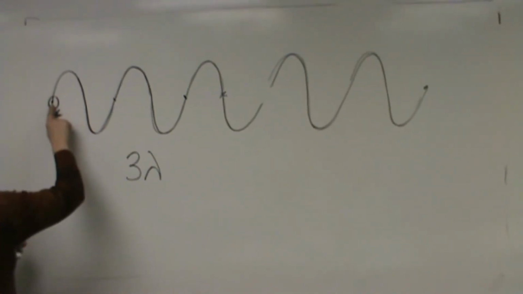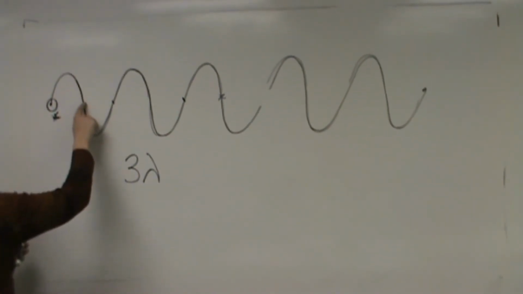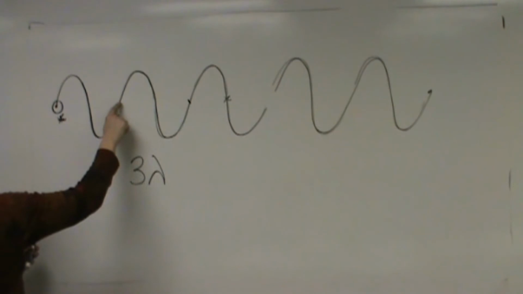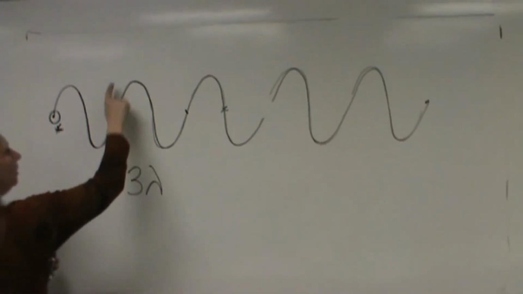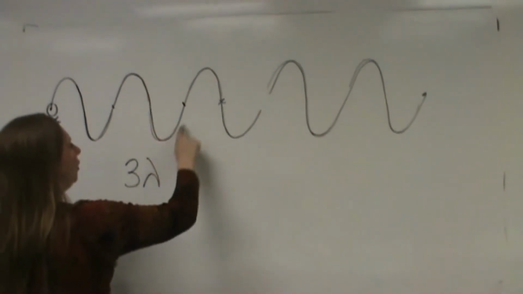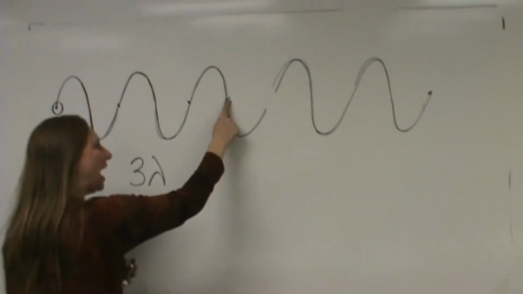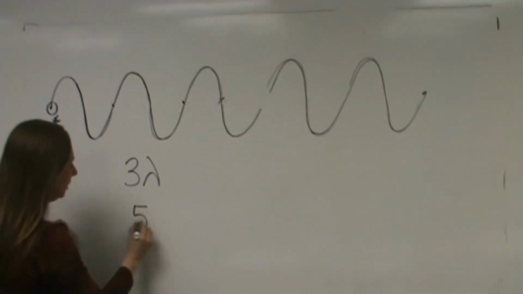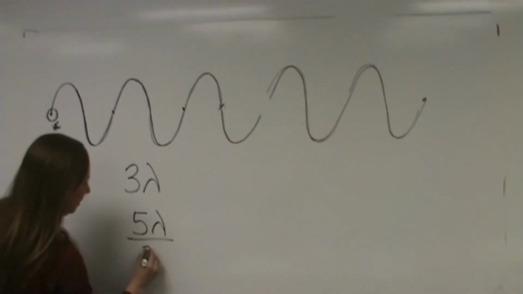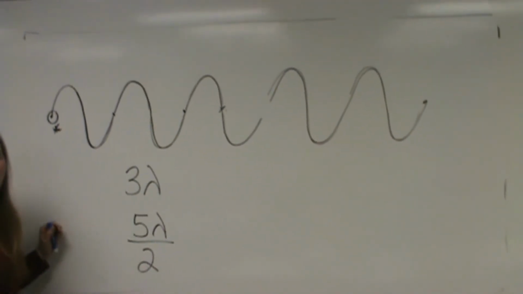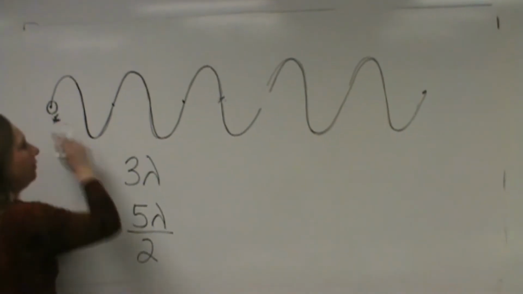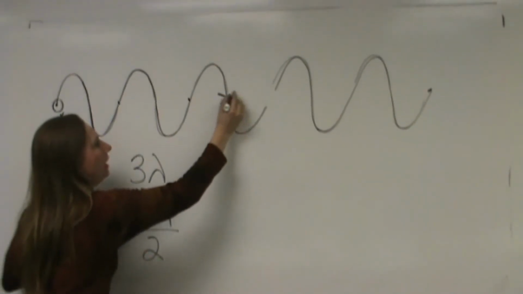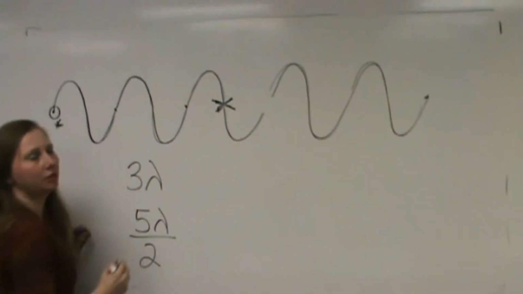You've got 1 half, 2 halves, 3 halves, 4 halves, 5 half wavelengths. Again, an odd number of half wavelengths away from this point would be 180 degrees out of phase.